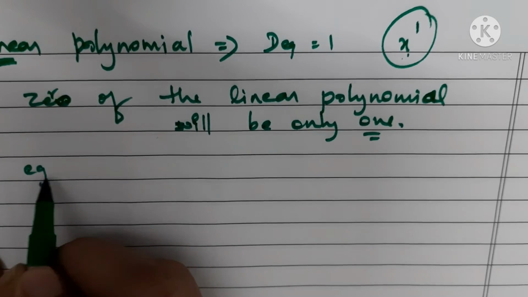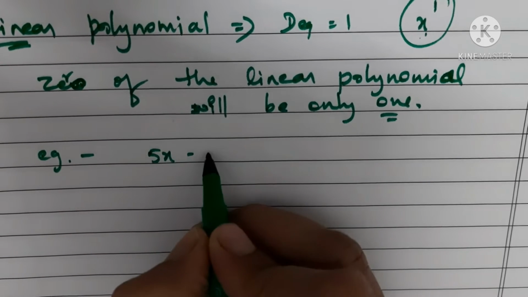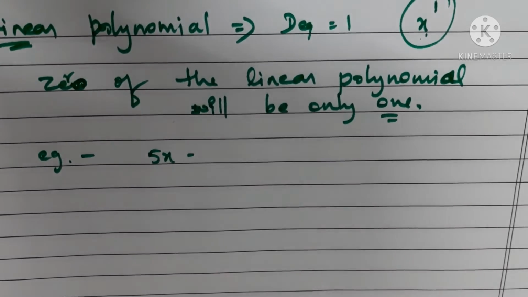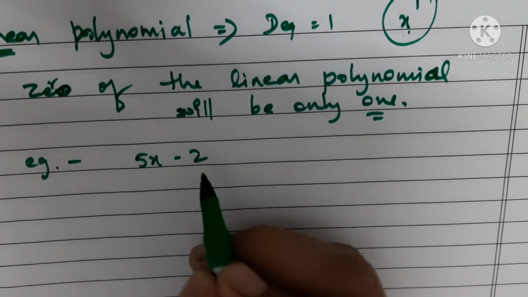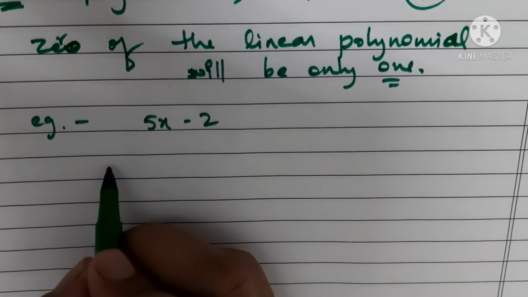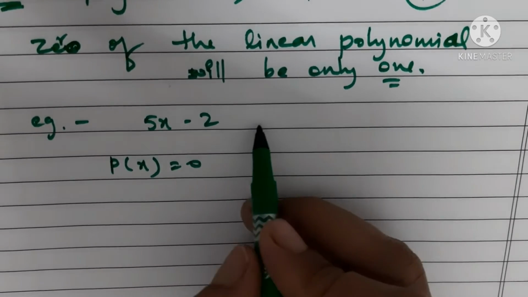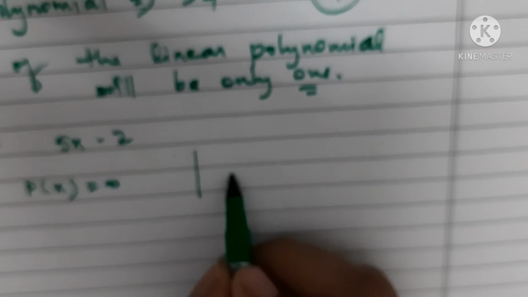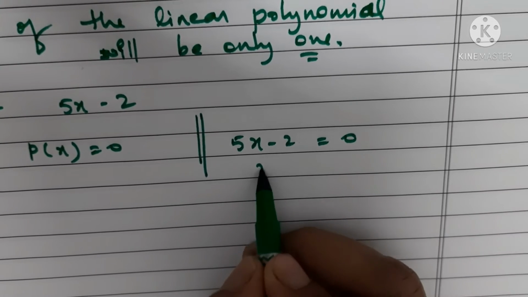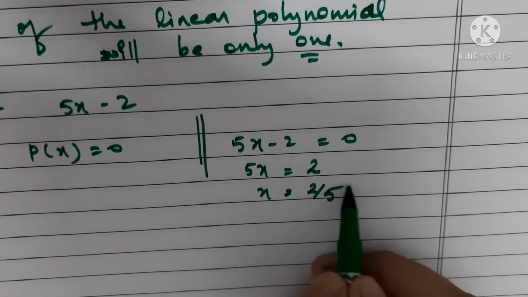For example, suppose you have 5x minus 2, and you have to find the 0 of the polynomial. What I said is that you have to take px equal to 0. So here you have to equate this to 0. So 5x minus 2 equal to 0, what will you get? 5x is equal to 2. So x is equal to 2 upon 5.